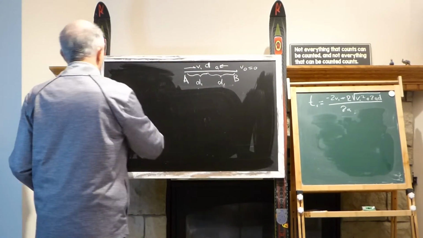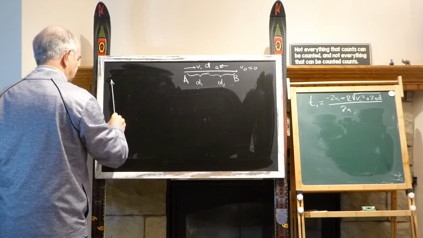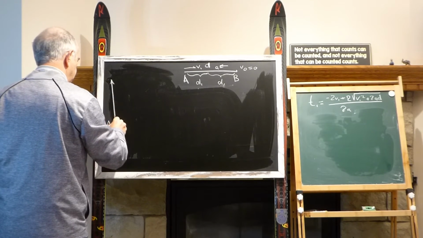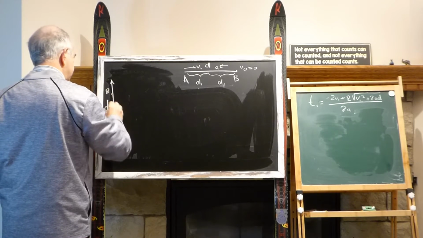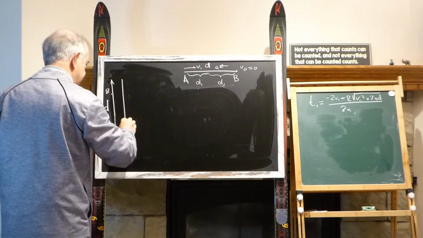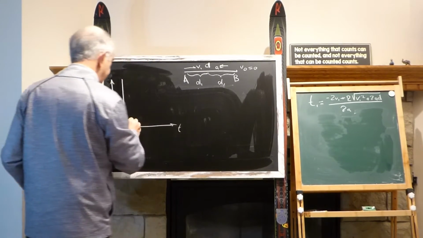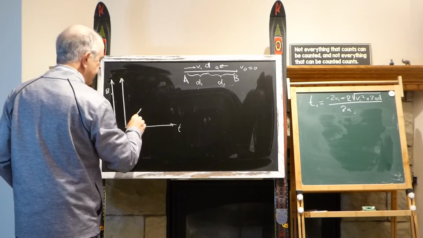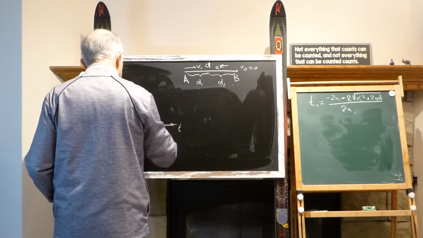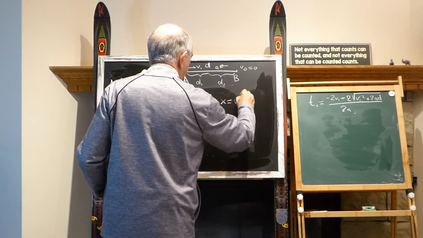So, this is A, this is B, the distance is D, and then this is a graph. The first part of the graph is a line that goes from here to here. This is the first car that moves, and this is x equals v1t.